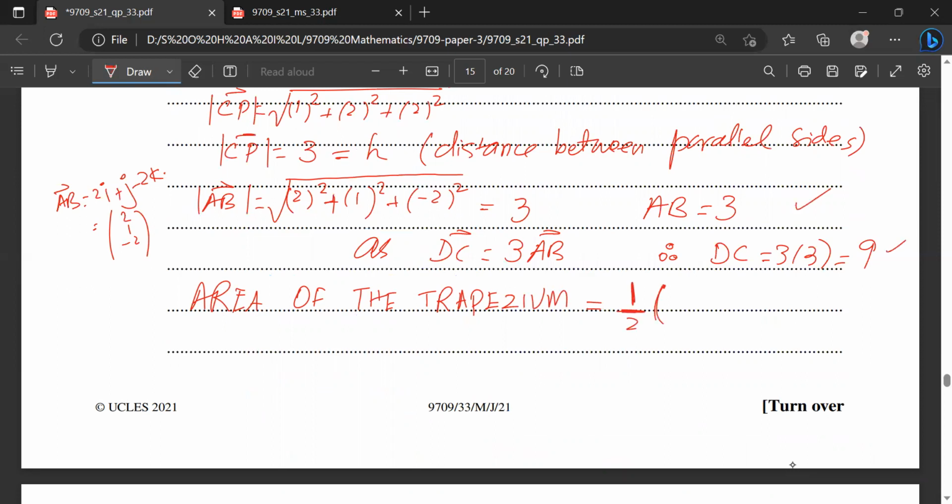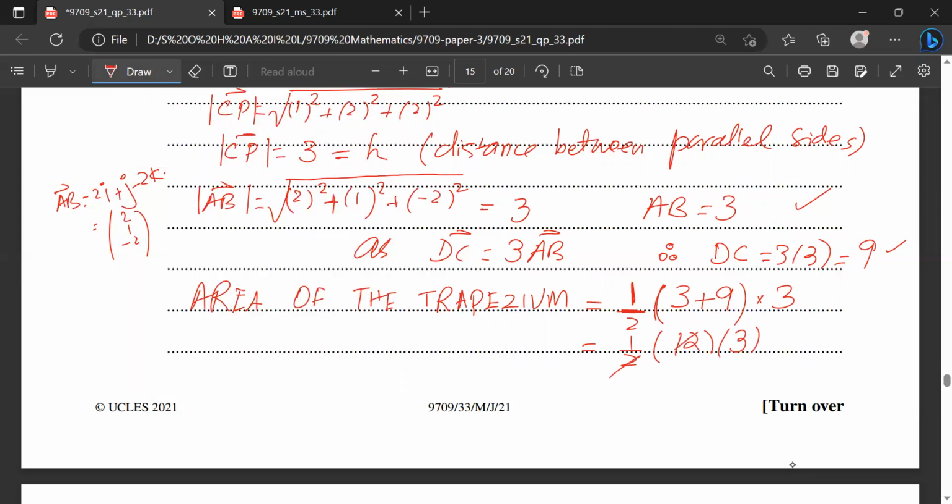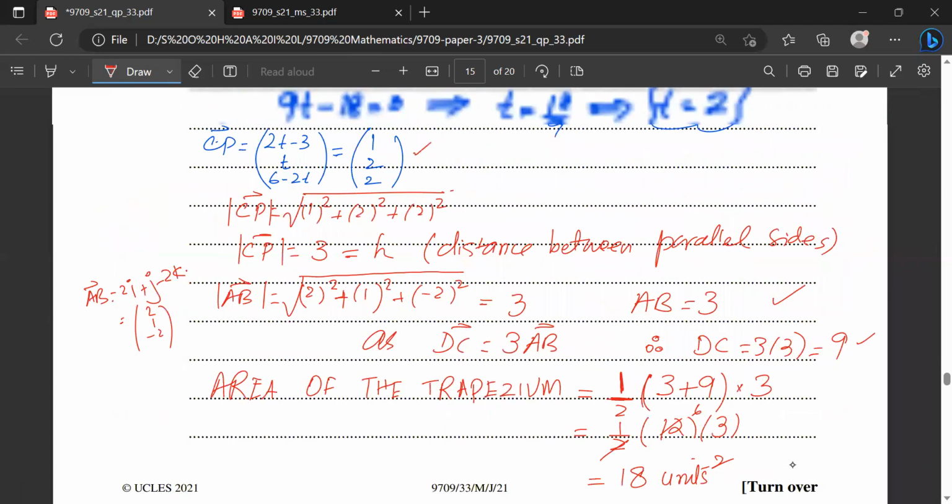Yes, these are the parallel sides. 3 plus 9, into the height, the distance between the parallel sides, again 3. So the answer is 1 over 2, 12, 3. This goes with it 6 times. So the answer is 18 units square.